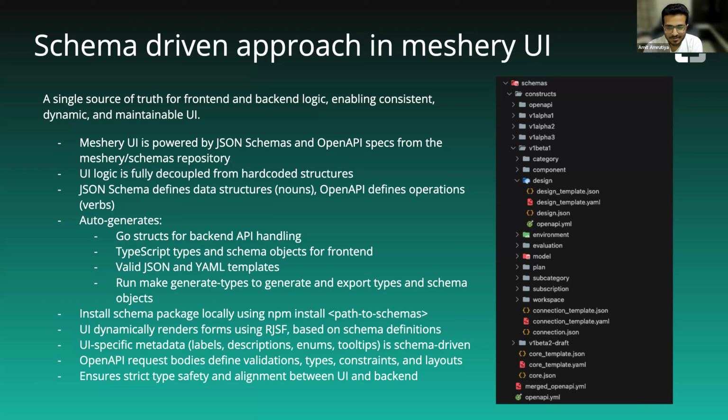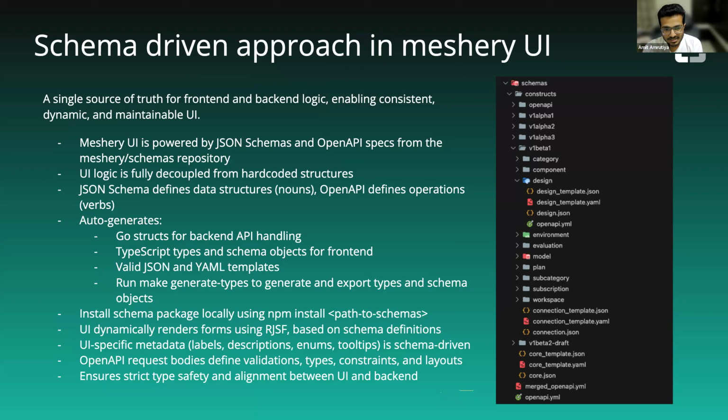And by being schema driven, we are able to achieve a lot of things, like default RTK query generation and default API docs generation. Currently, we are not fully schema driven though, so we are planning to become completely schema driven. And in schemas, we are generating two types of code. One is the Go code, in Golang, which is used for the backend.